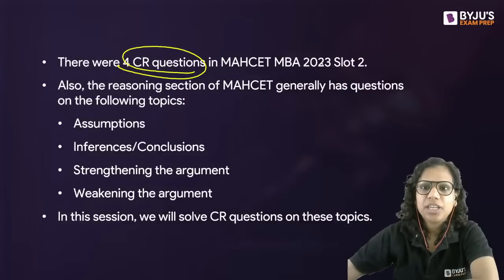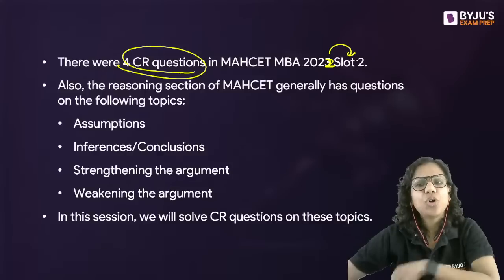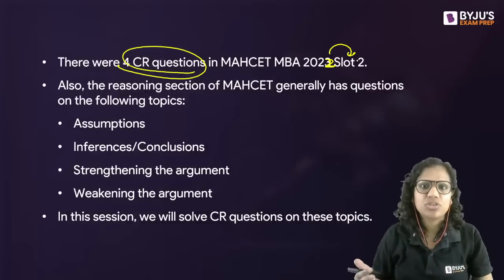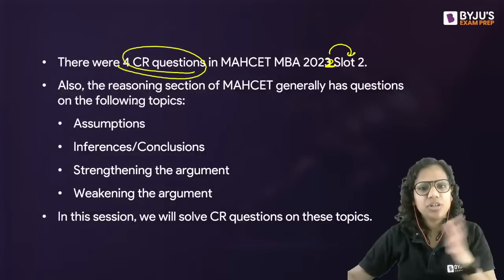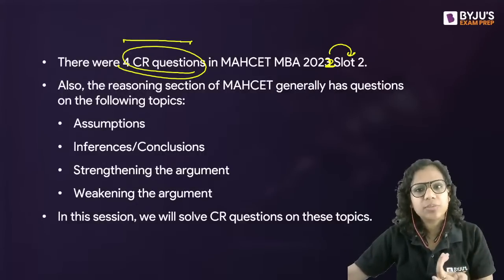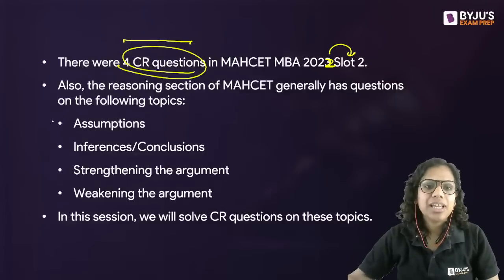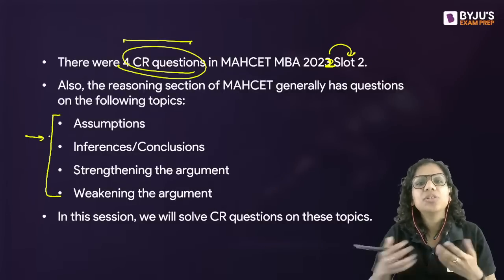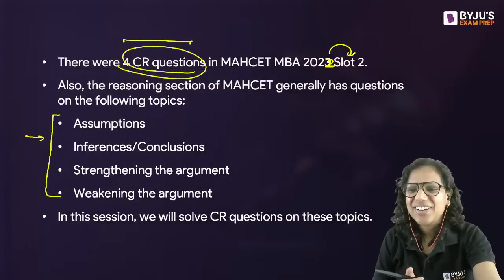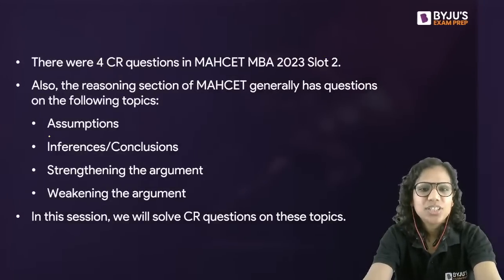I'm talking about slot 2 here because across slots the division of questions varies. So I'm talking about a particular slot here, but yes, you can take this to be an average and approximate number. That's why we are going to practice all these question types today that form the basics of critical reasoning. All right, then let's begin without further ado.